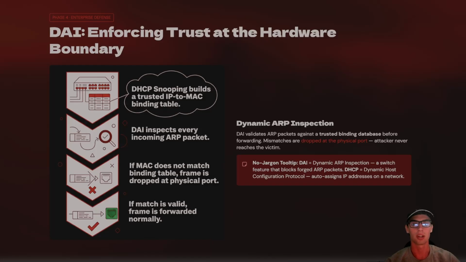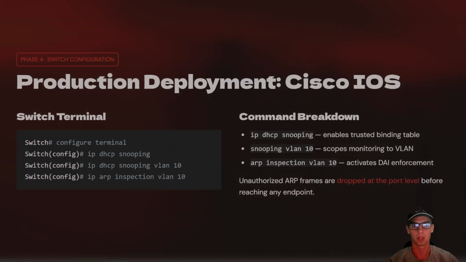The switch achieves this by monitoring DHCP assignments, which are dynamic host configuration protocol assignments, and this builds a database of verified IP to MAC pairings. So DHCP assigns the pairings, and the switch stores a verified database of these pairings and cross-references them.